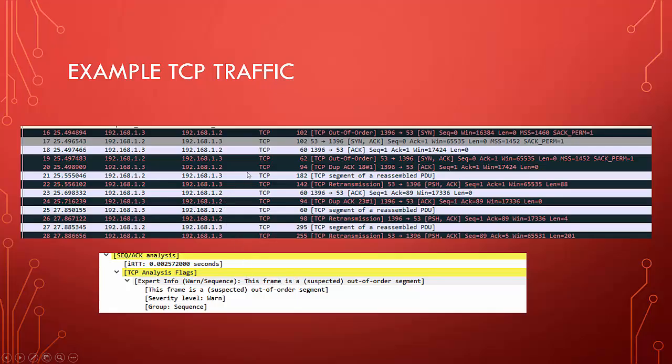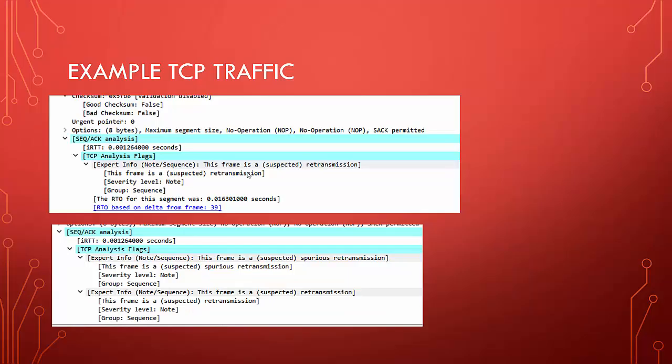Wireshark's a pretty powerful tool that you can use to examine a span of packets in and out, and you can filter through them. It's really nice, and you can see in these examples there are different flags, like suspected retransmission and spurious retransmission. Those don't necessarily mean that they are bad, but they could indicate potential trouble. It can be a good helper in finding potential problems.